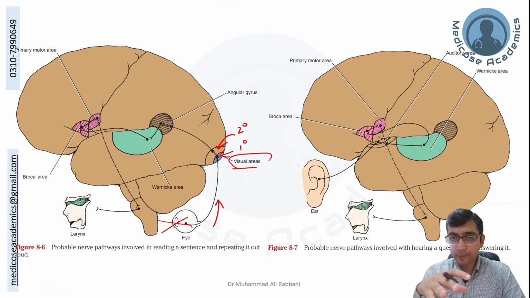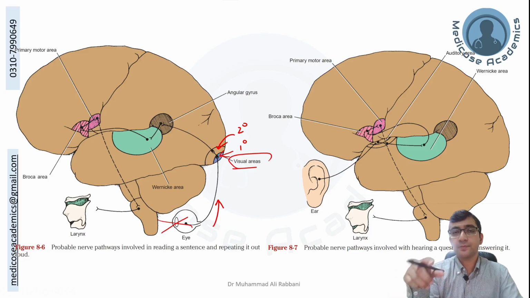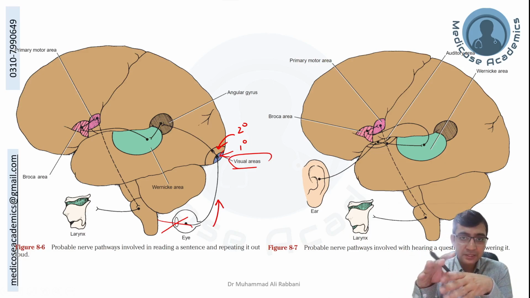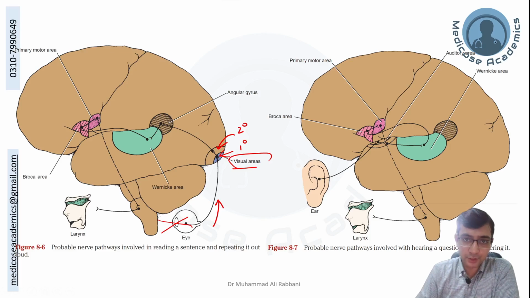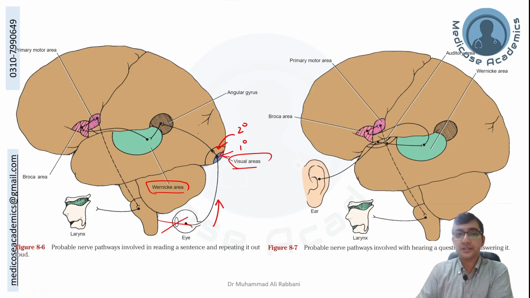In the association cortex you can see the letters, you can trace the letters, but here a person is still not able to make sense of what is written in terms of language. So for that the expert is Wernicke's area. The signal has to be sent to the Wernicke's area, so the signal goes to the Wernicke's area.